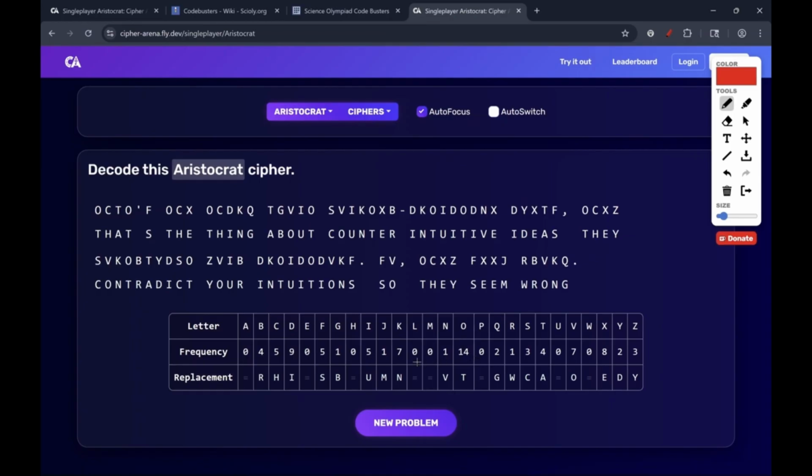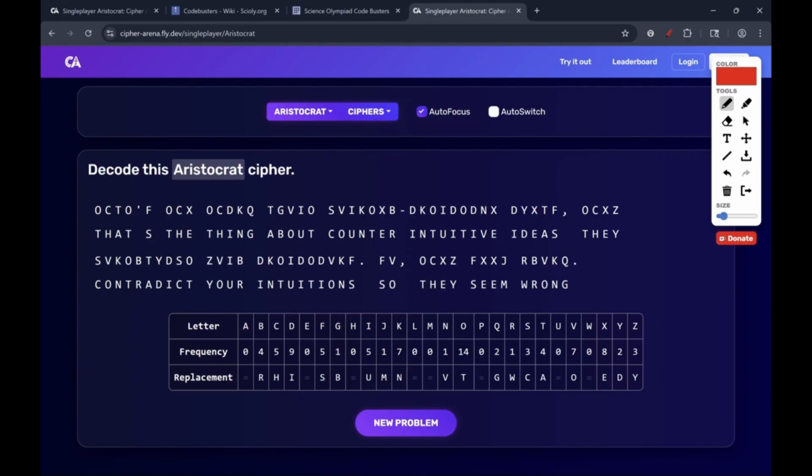And the reason why this is so useful is that letter frequency in the English language follows a very common pattern where specific letters show up way more often than others.